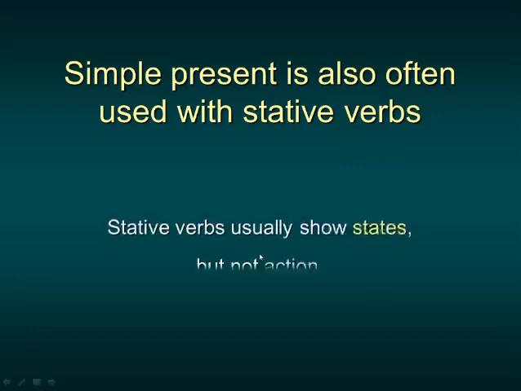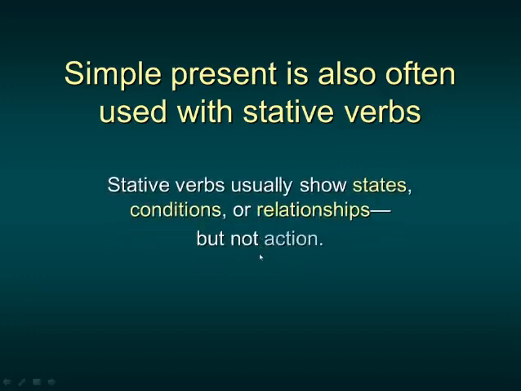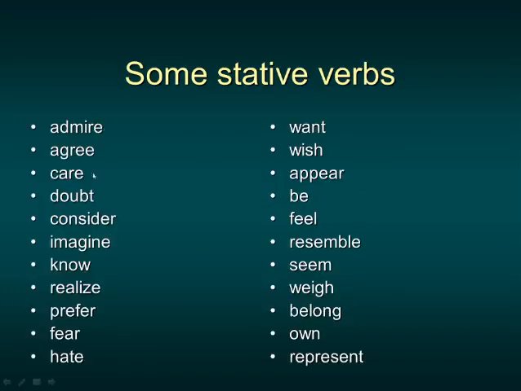Simple present is also often used with stative verbs. These are other usages of simple present. Stative verbs usually show states, conditions, or relationships, but not an action. Admire, agree, care, love, all these things. Doubt, because these are mental activities, you see, cognitive ones.